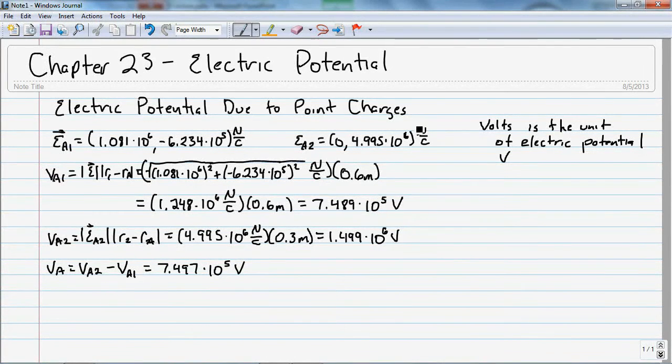Okay, so let's look at it from the standpoint of the other formula that we had. So we had potential VA1 is equal to Q over 4 pi epsilon naught times the distance R1 minus RA.